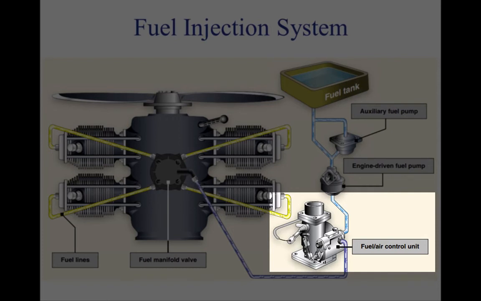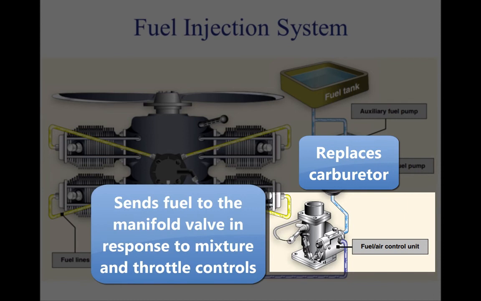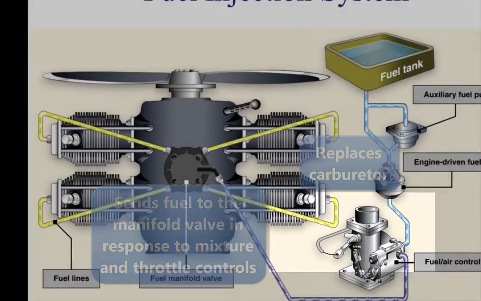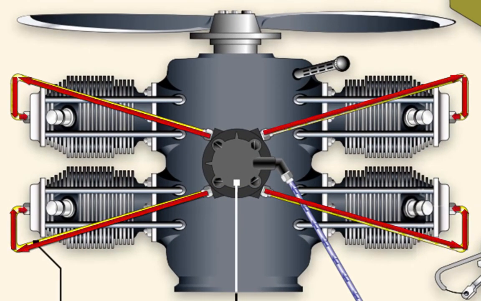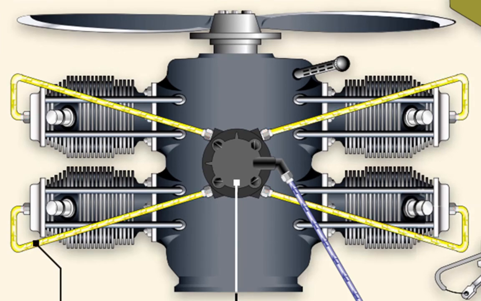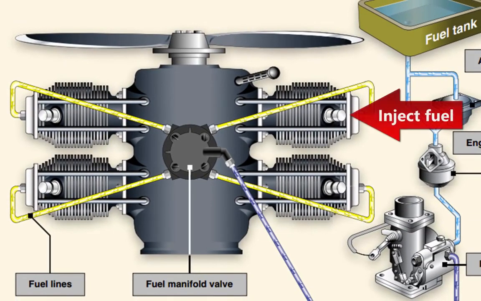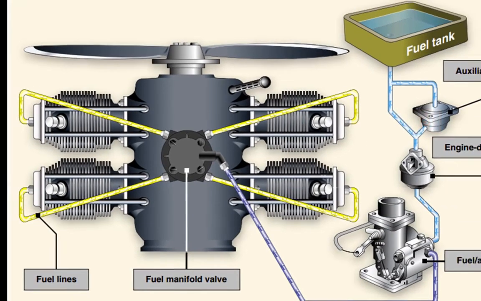This control unit, which essentially replaces the carburetor, meters fuel based on the mixture control setting and sends it to the fuel manifold valve at a rate controlled by the throttle. After reaching the fuel manifold valve, the fuel is distributed to the individual fuel discharge nozzles. The discharge nozzles, which are located in each cylinder head, inject the fuel-air mixture directly into each cylinder intake port.